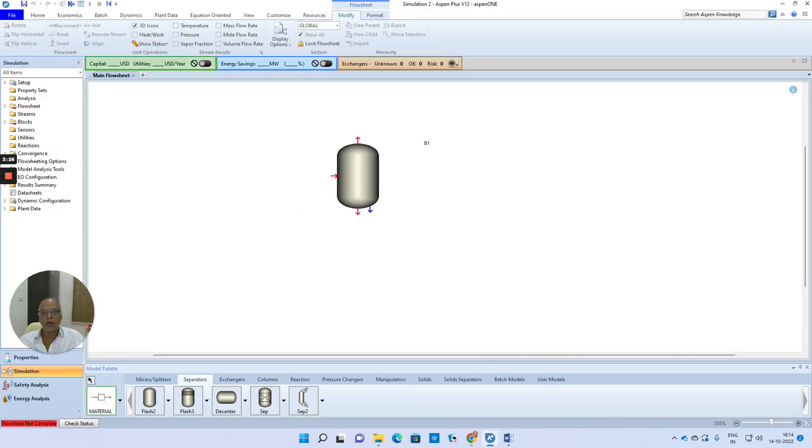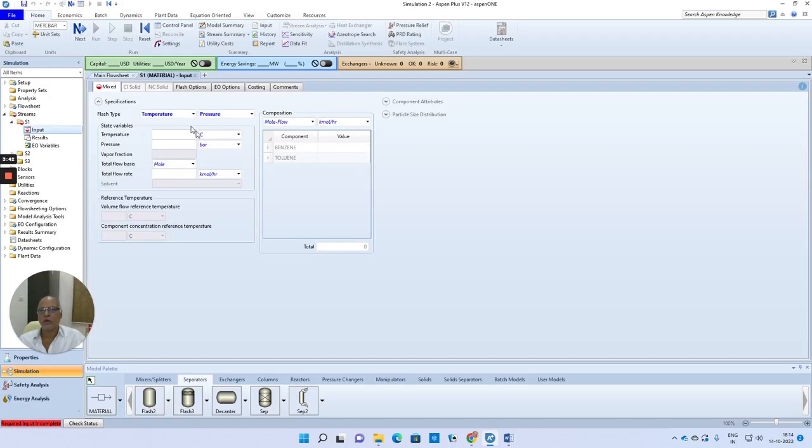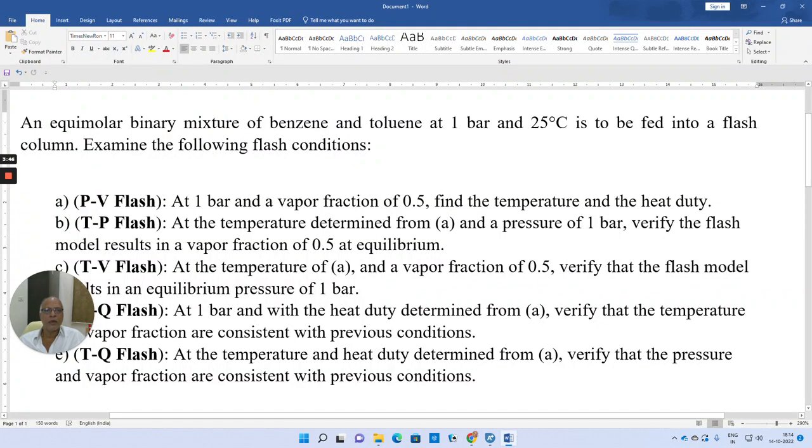And connect the inputs and outputs. This is the feed stream, this is your vapor stream, and this is the bottom liquid stream. Right? So let us go to the next input screen. We are given the temperature and pressure at which the feed is coming in, 1 bar and 25 degrees centigrade.